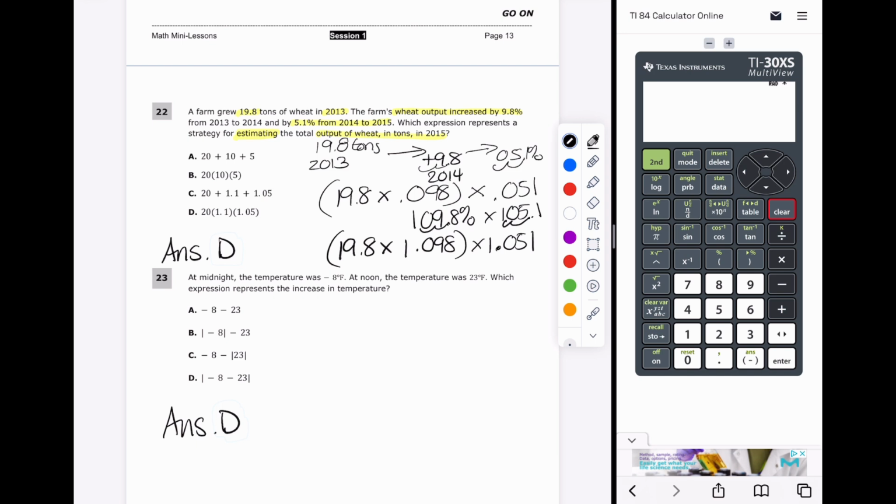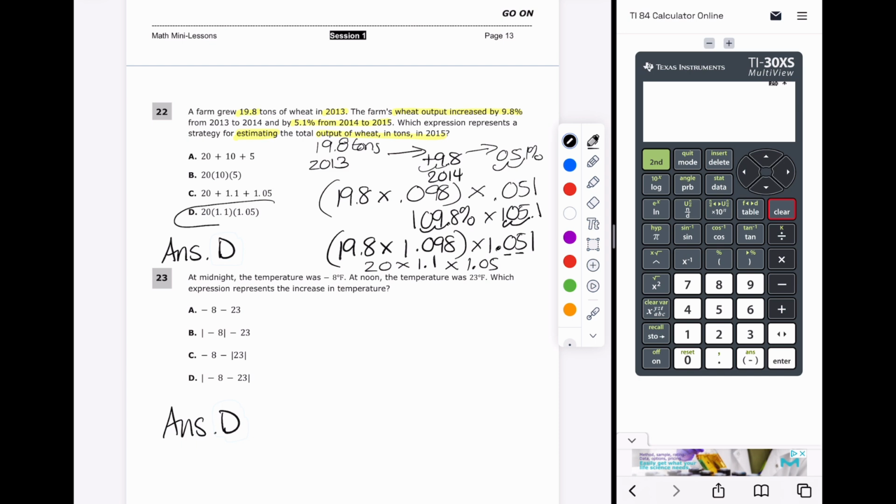And then they added another twist where they said to estimate it. So they rounded all these numbers. So that's why they rounded the first one to 20 times 1.1, and they rounded this one up to 1. This one rounds down to 1.05.